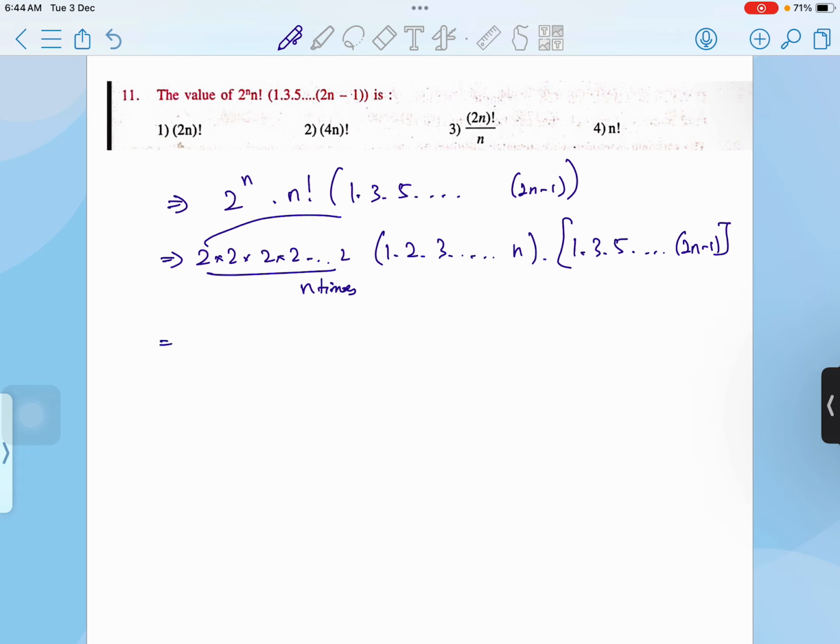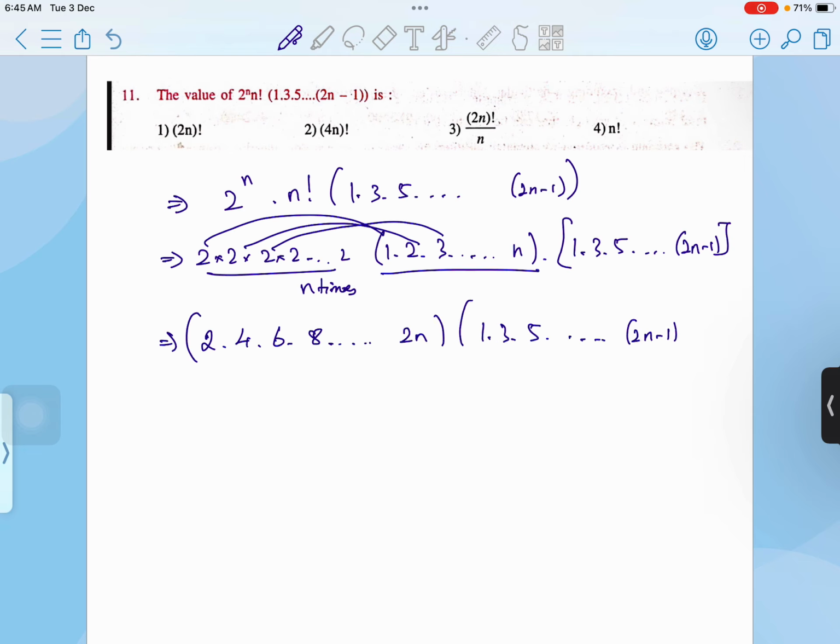So if I multiply this with the respective terms, here also n terms, here also n terms are there, everything will now change into even numbers, 2, 4, 6, 8, respective last term will be 2n, and in the bracket it will be odd numbers. If you see, outside all even numbers, next bracket is odd numbers, even number, odd number, 1, 2, 3, 4, 5, 6 till 2n minus 1, last is 2n.